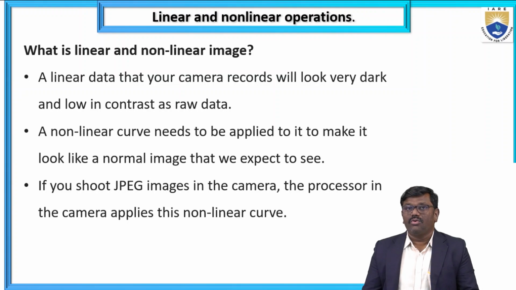The simple definition: any systematic process whose output follows the input of the same system, we call linear.